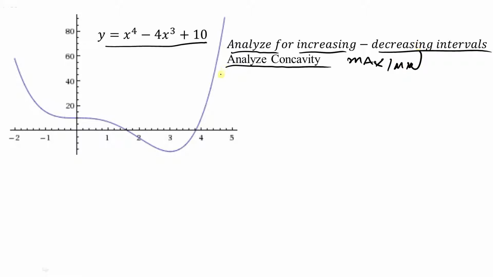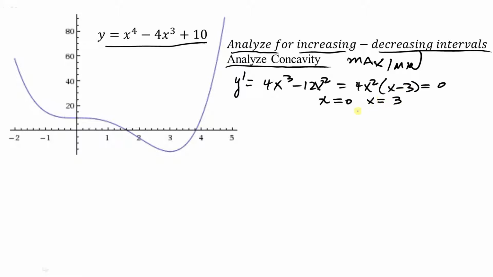Let's look at the first derivative. The first derivative is 4x cubed minus 12x squared. We can factor 4x squared out of this and get 4x squared times x minus 3 equals 0. So the zeros are x equals 0 and x equals 3.